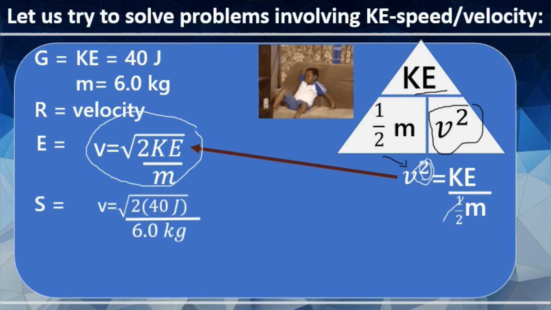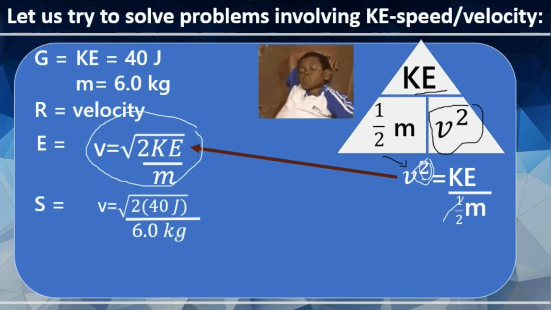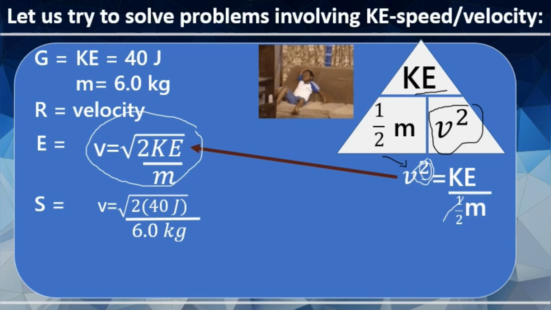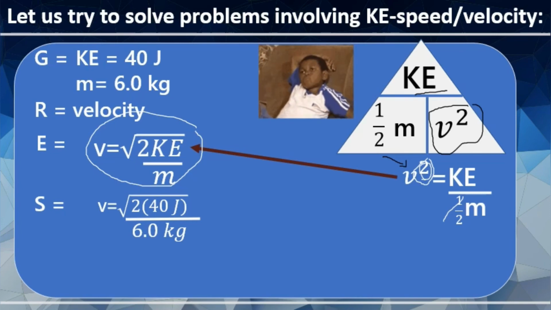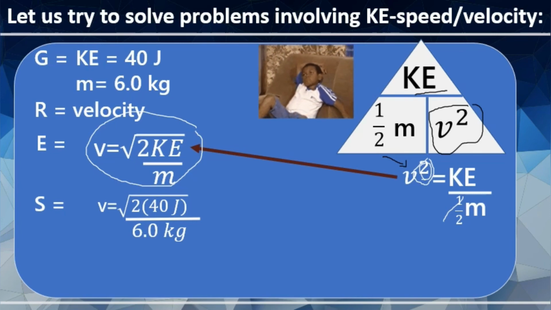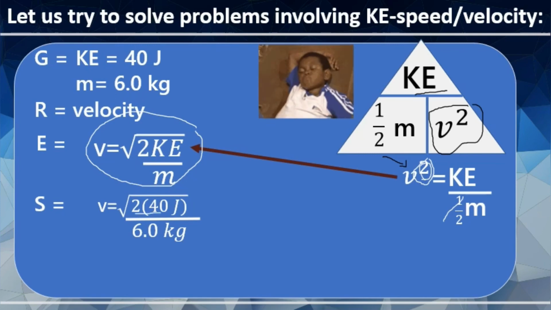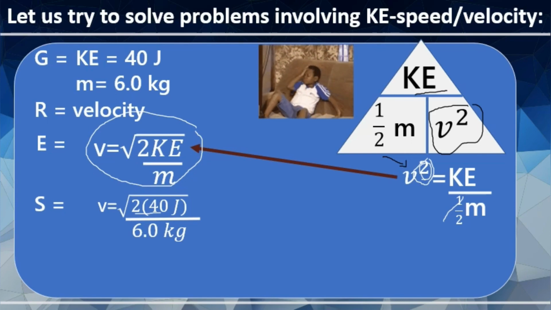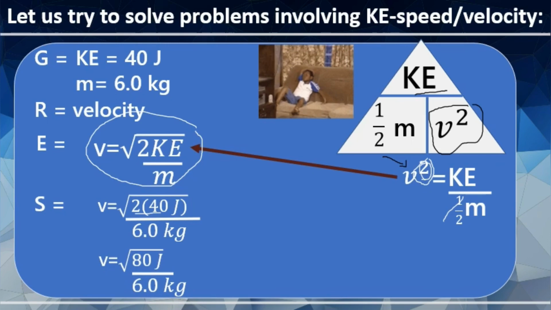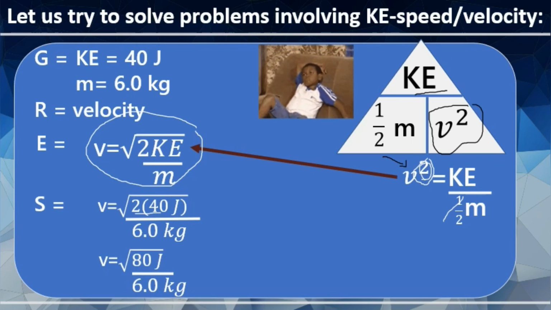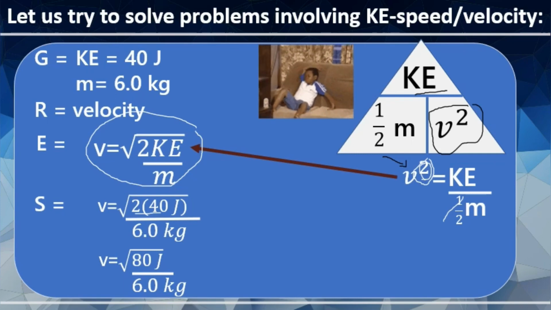So, solution. Substitute the given. So, v equals the square root of 2 times 40 joules over 6.0 kilogram. So, first, you're going to multiply 2 and the 40 joule before dividing by 6.0 kilogram. Okay, so after multiplying, we have v equals square root of 80 joules over 6.0 kilograms.